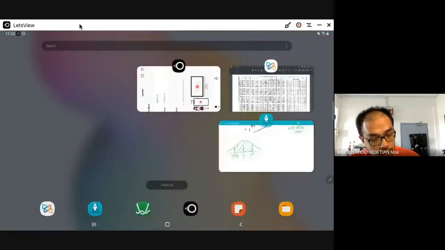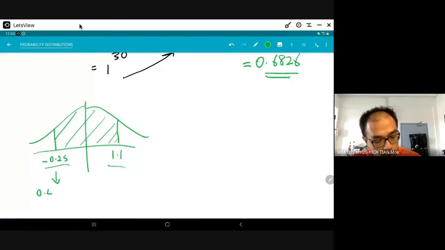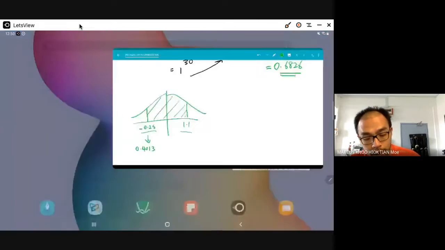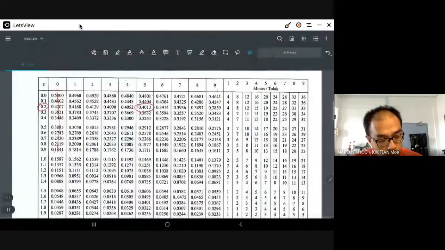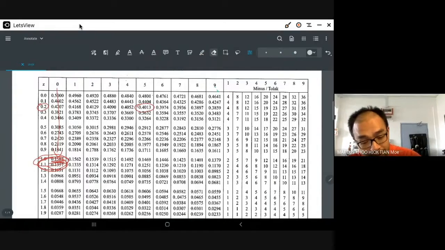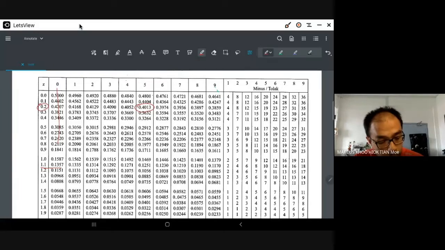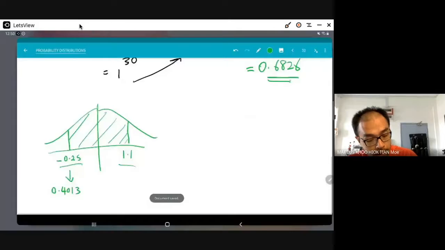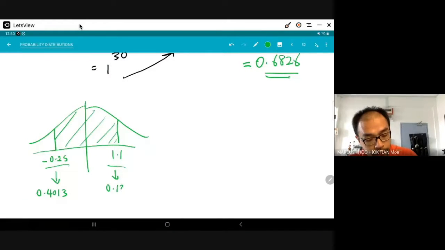For 1.1, we look at 1.10, which will be 0.1357.